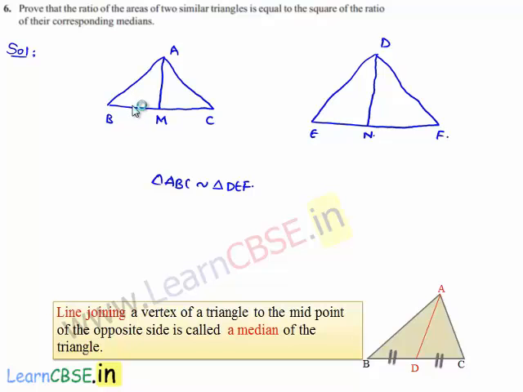Then in triangle ABC, BM is equal to MC, and in triangle DEF, EN is equal to NF.